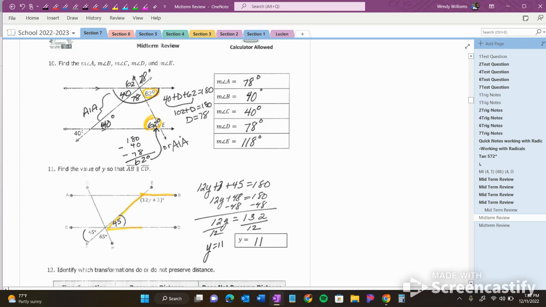Again, alternate interior angles. You're moving them into the triangle again. Alternating interior. There's 180 degrees in 3 angles. Again, on this side, we have alternating interior here and here.